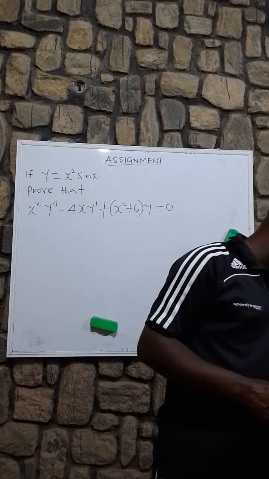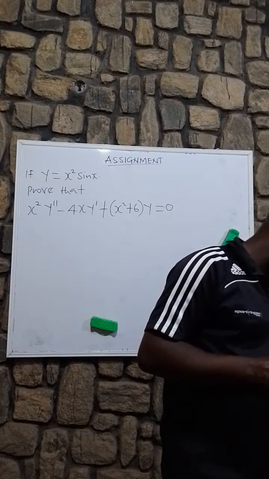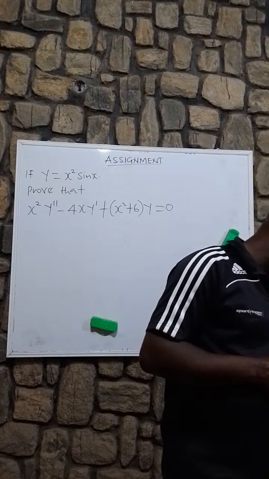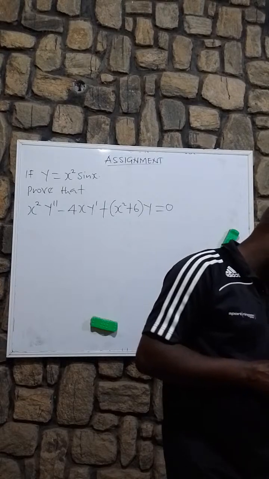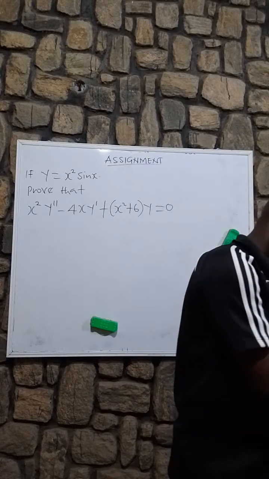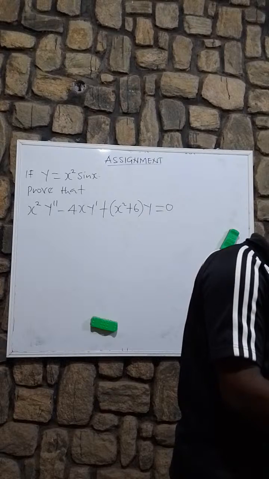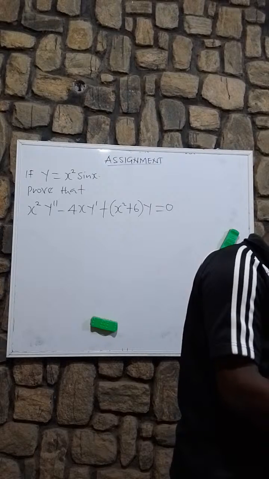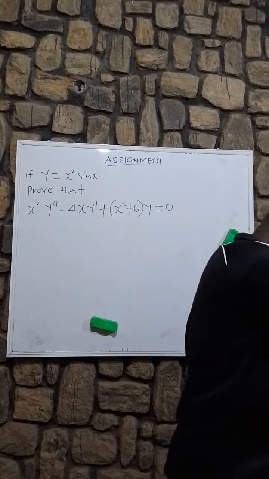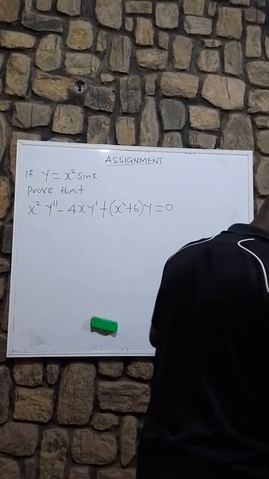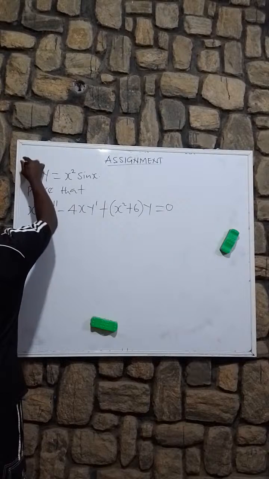And let me add another one. Should I add another one, or should I just leave it like this? Let me add another one. This is 1, 2.